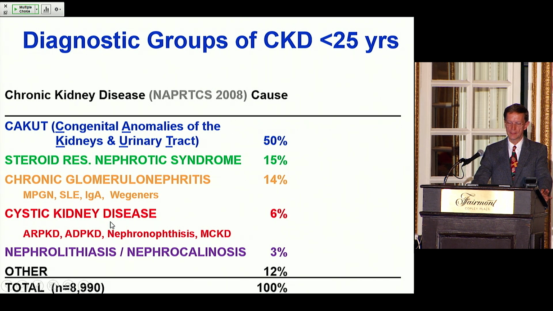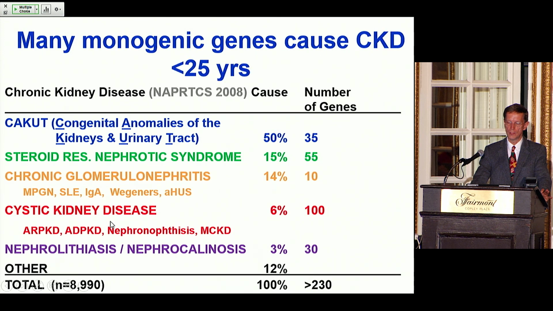And until recently, over 230 and now actually 250 monogenic causes of any of these causes of chronic kidney disease before the age of 25 years have been discovered. There are 35 genes for CAKUT, 55 for nephrotic syndrome, 10 for chronic glomerulonephritis if you include atypical HUS, 100 for cystic kidney diseases.